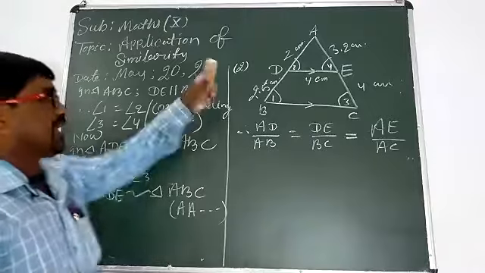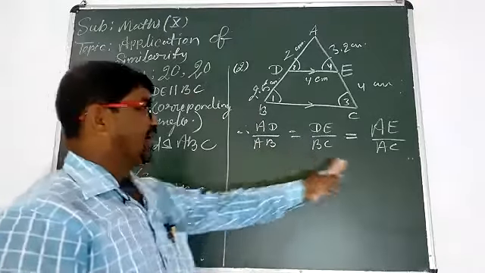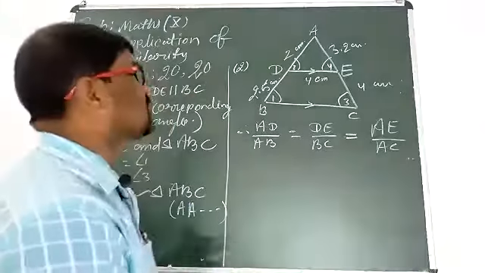Because these two triangles are similar, their corresponding sides are proportional.